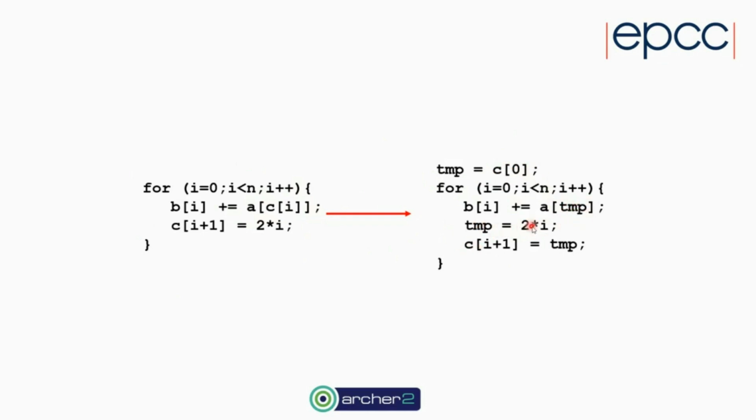So temp equals temp times I, 2 times I, and that will just replace that. Now, in reality, looking at this as a pure loop, we're not helping ourselves in terms of registers, because you need the same number of registers to store C of I here as you do to store temp.